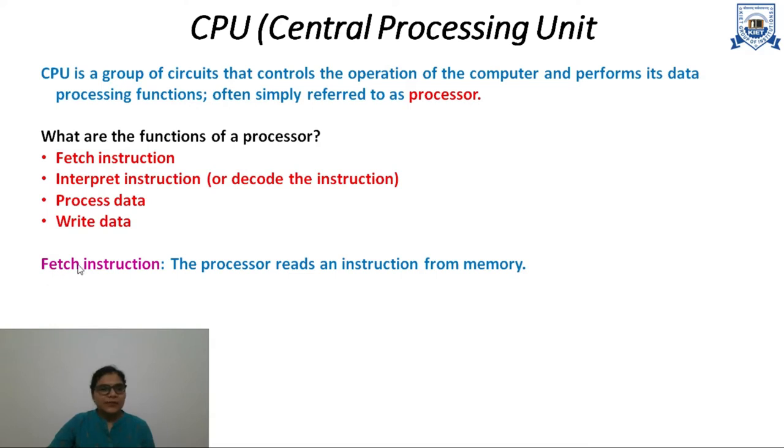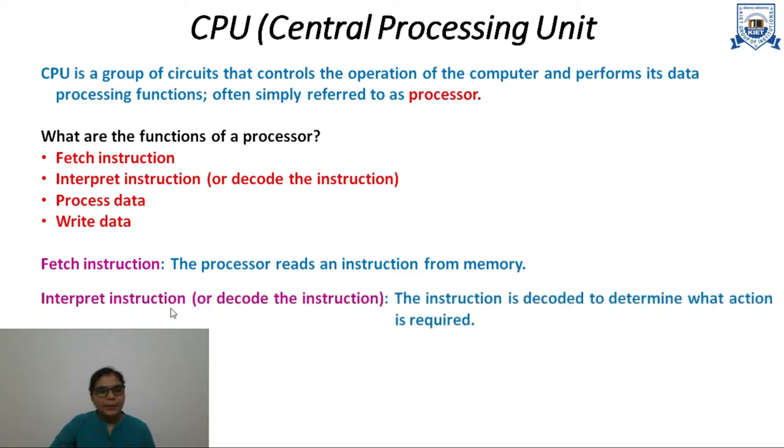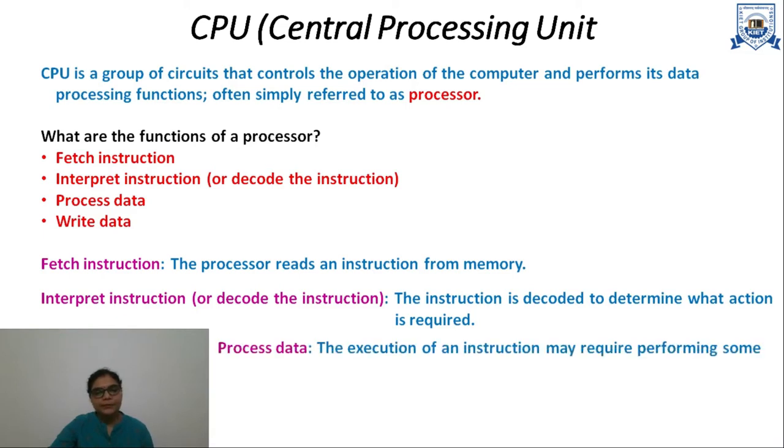In fetching of instruction, the processor reads an instruction from the memory. Interpret or decode the instruction: the instruction is decoded to determine what action is required and on which data it is required. Process data: the execution of instruction may require performing some arithmetic or logical operation on data.